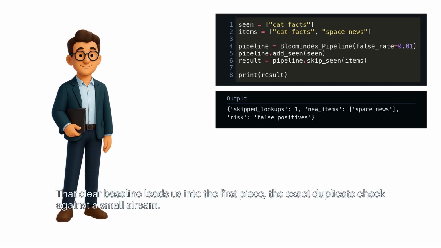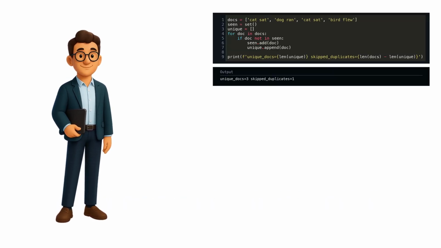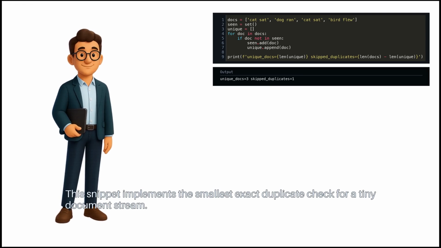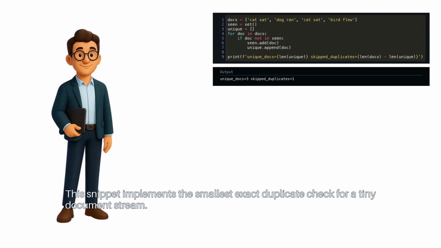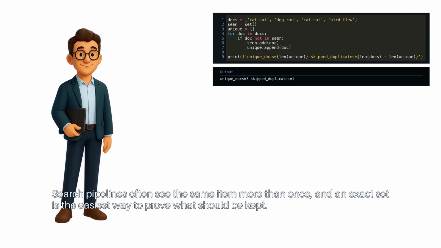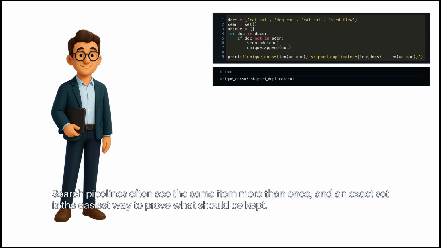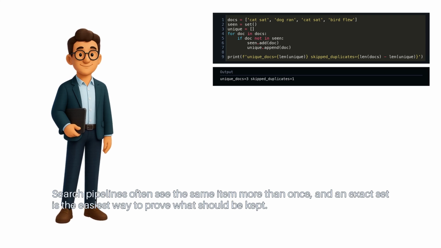That clear baseline leads us into the first piece, the exact duplicate check against a small stream. This snippet implements the smallest exact duplicate check for a tiny document stream. Search pipelines often see the same item more than once, and an exact set is the easiest way to prove what should be kept.